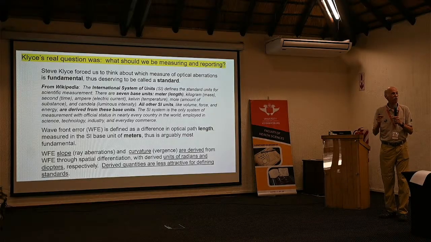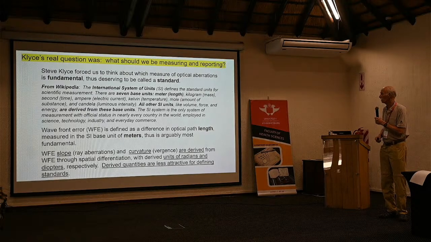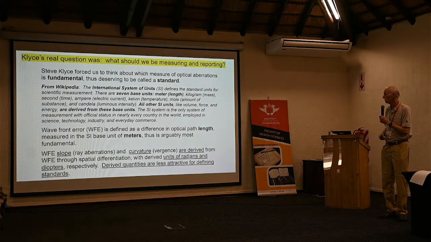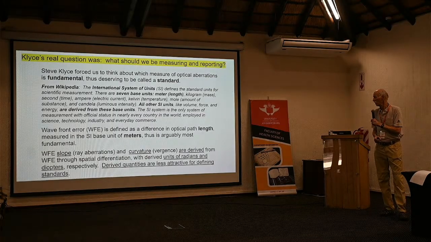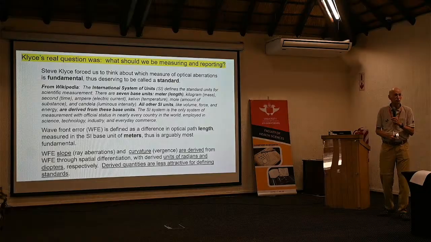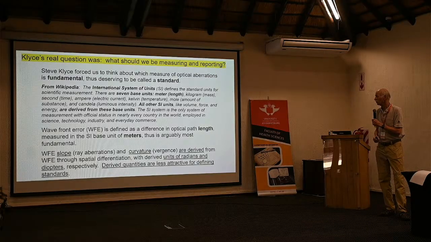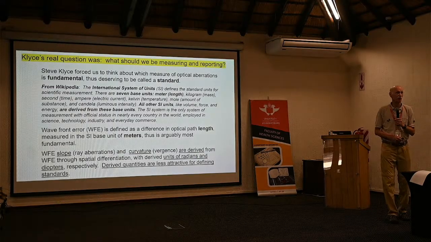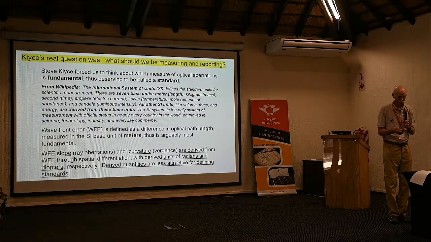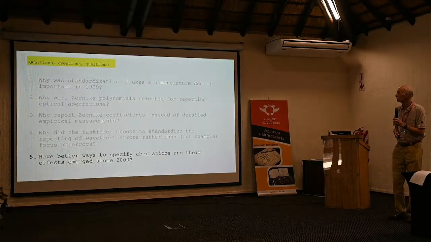It's a length measurement, one of the fundamental units in the SI. So in that sense, I think it's arguably the most fundamental. The wavefront slope, which we call ray aberrations, and curvature, which we call vergence errors or power errors, are all derived from wavefront error. And so the derived units of radians and diopters are less fundamental than just measuring the length. That's the argument for it.